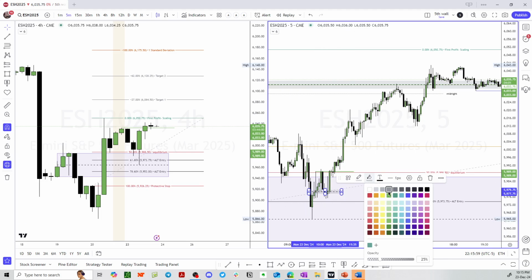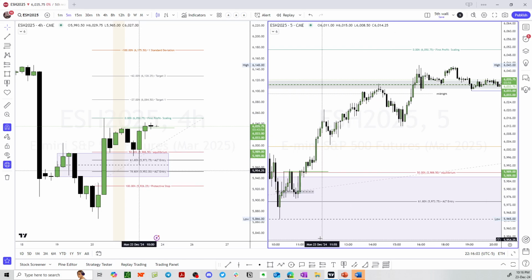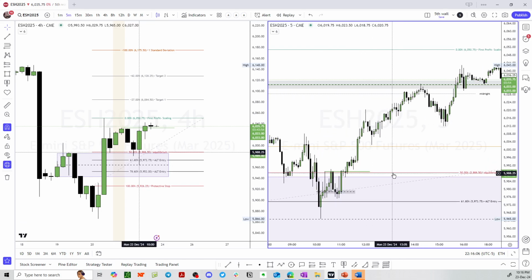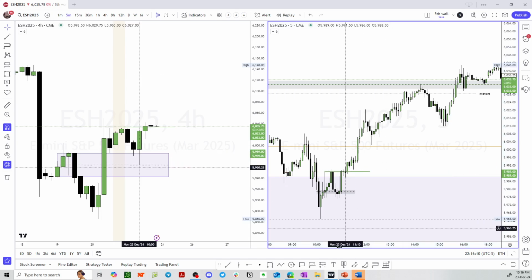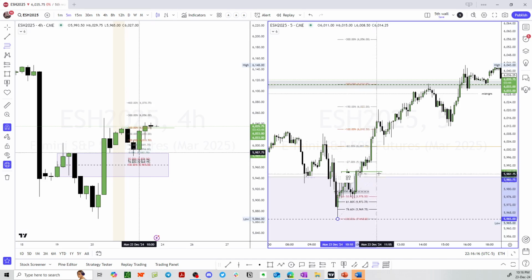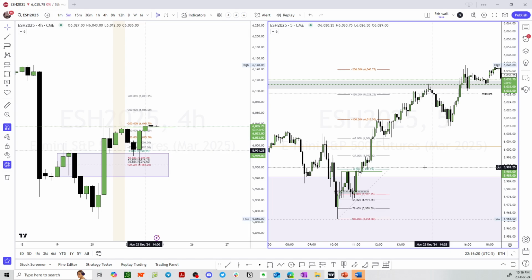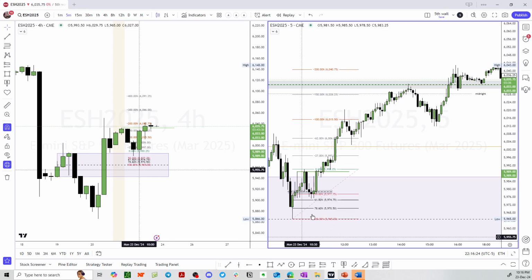And that's just how I would see it. All right, and that's also an optimal trade entry. I'm gonna take this off. And optimal trade entry long. Standard operation. Not quite, but it went below 50%.